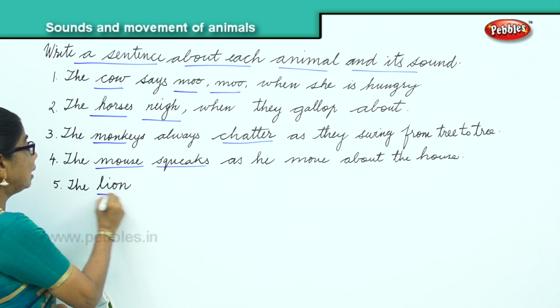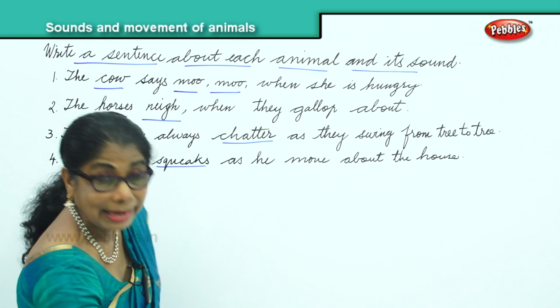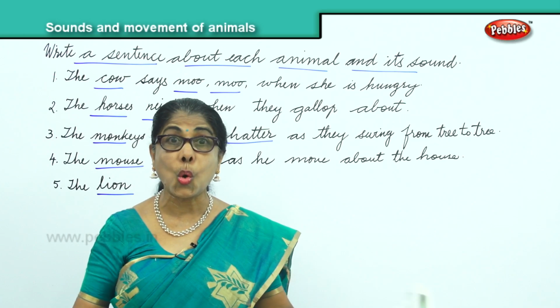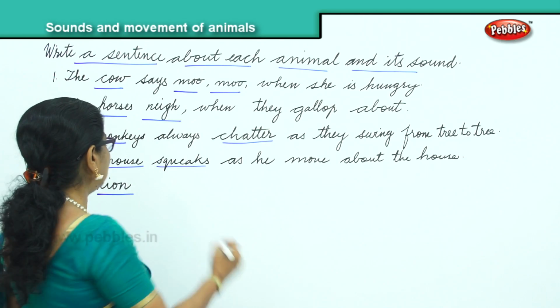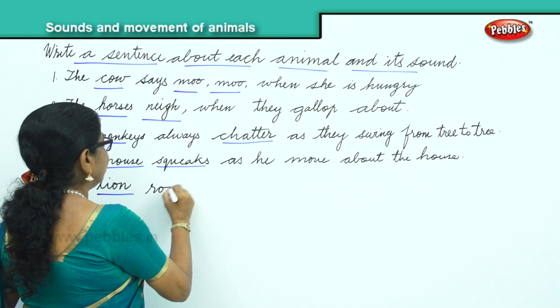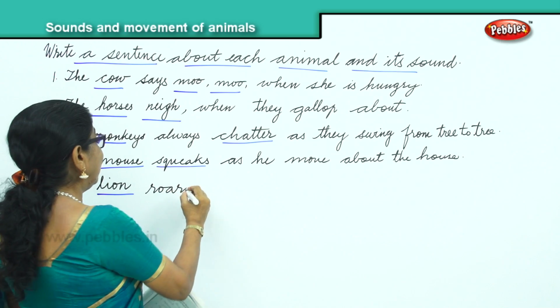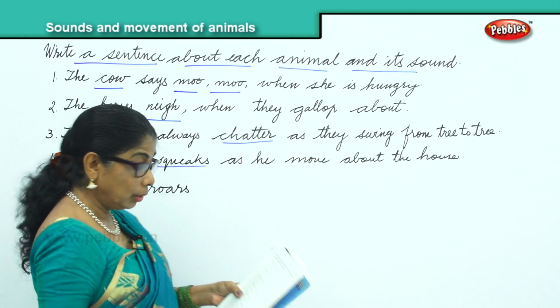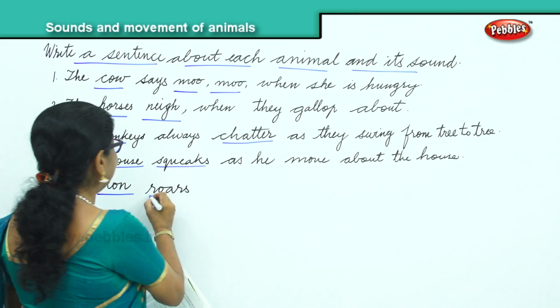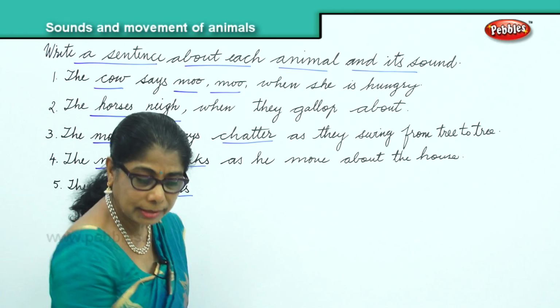What does this animal do? The lion roars. The whole time he is roaring. The lion roars about. He says, oh, who's there? Which strangers have arrived?